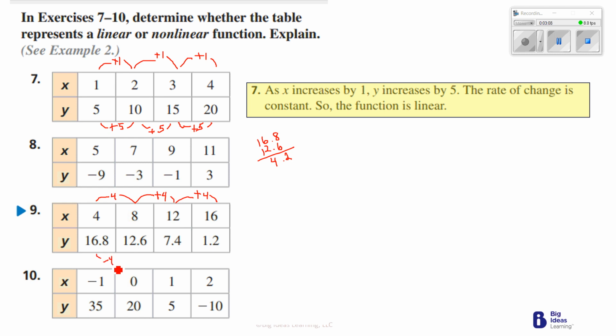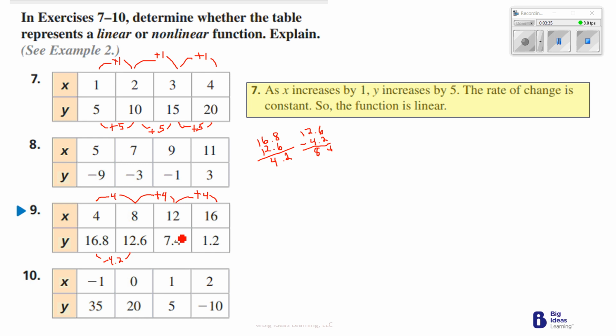It has to decrease that much every single time. So if I take 12.6, it has to decrease by 4.2 and become 8.4. Well, 6 minus 2 is 4. And 12 minus 4, though, is 8.